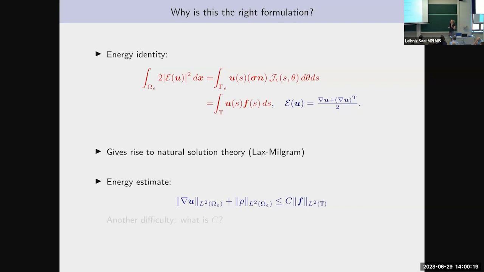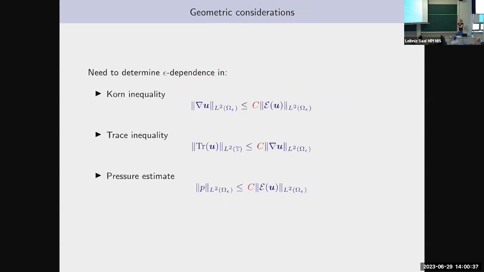Sort of the remaining obstacle in doing that, though, is that we do have this constant that's appearing in the energy estimate. And so we do have to be careful about precisely determining how that constant depends on the filament radius as the filament radius goes to 0. All right. And so there's a few inequalities that we have to check, just to build in any epsilon dependence that might arise.